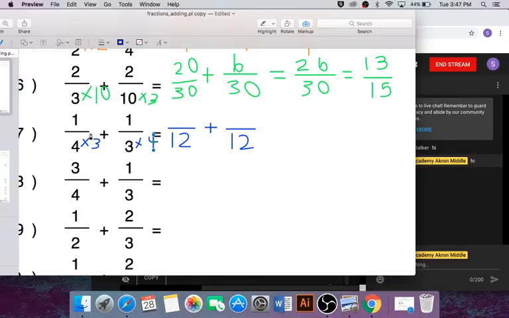Because we multiplied the bottom times 3, we're going to multiply the top times 3. 1 times 3 is 3. And 1 times 4 is 4. And then we add. So 3 plus 4 is 7 over 12.